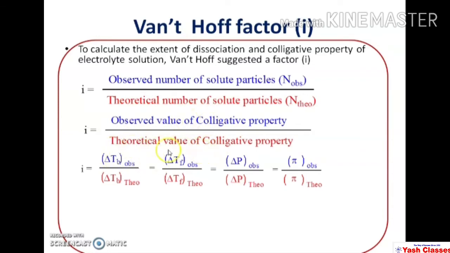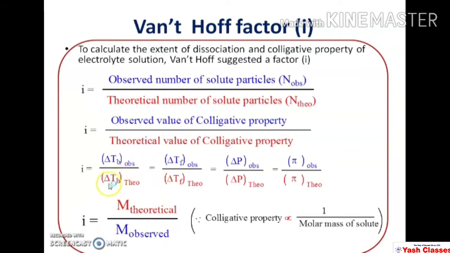But theoretical colligative property is obtained by considering there is no dissociation, that is only NaCl forms 1 mole of NaCl particles in solution. So as colligative property is inversely proportional to molar mass, we can write here Van 't Hoff factor i is equal to theoretical molar mass upon observed molar mass.